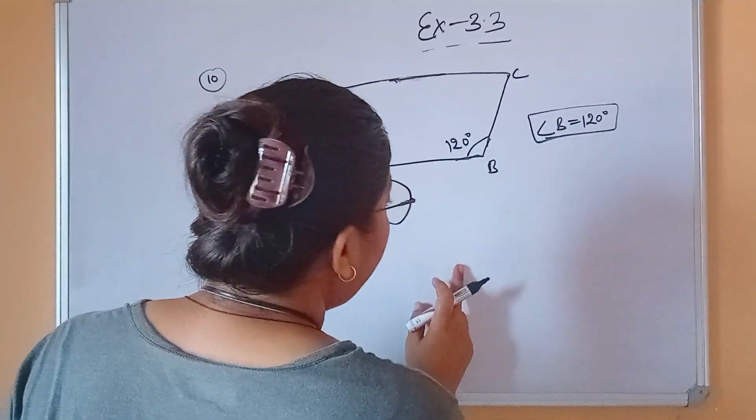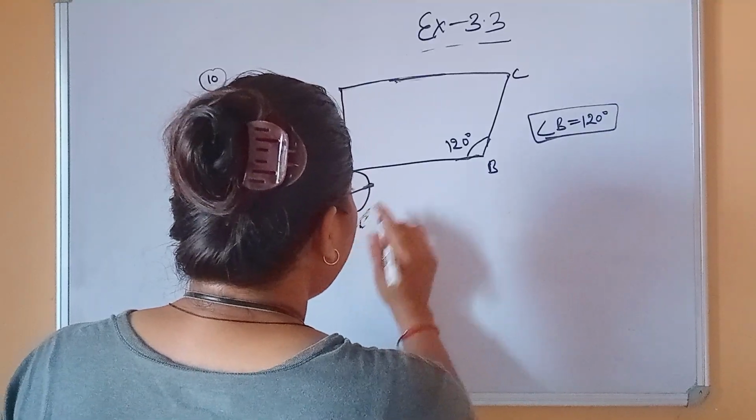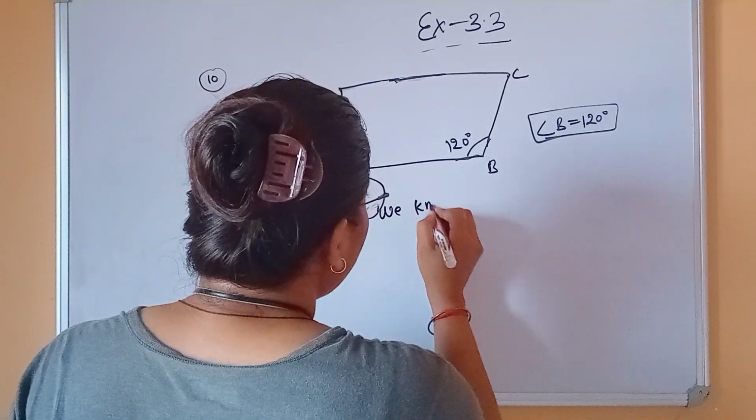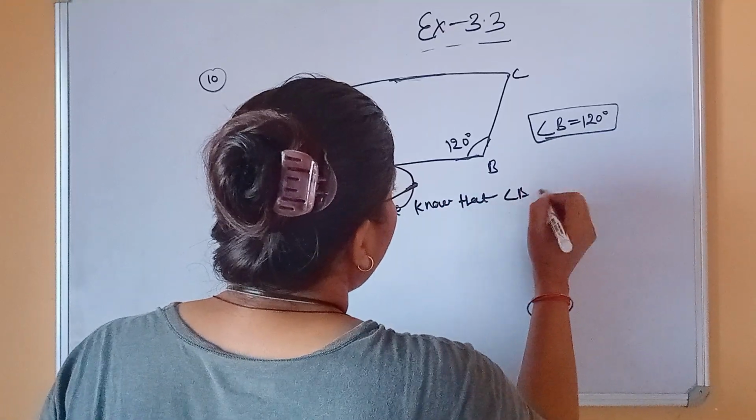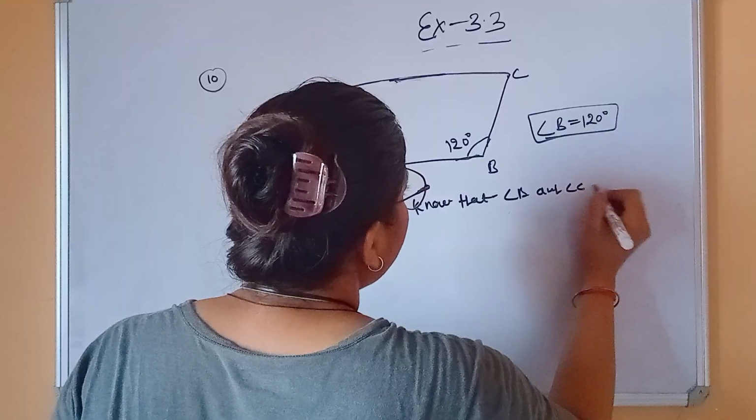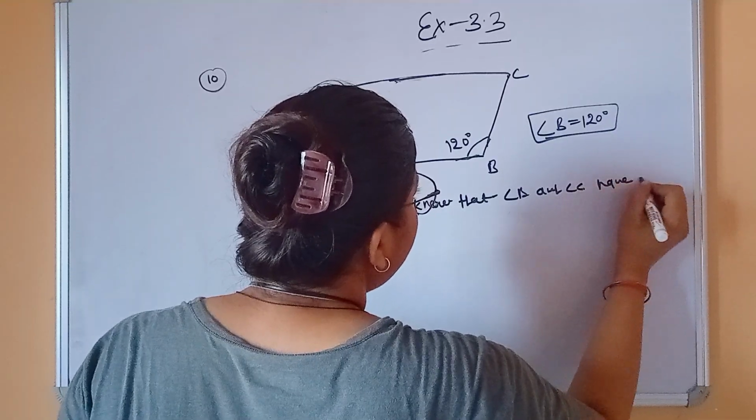That means angle B and angle C are adjacent angles.